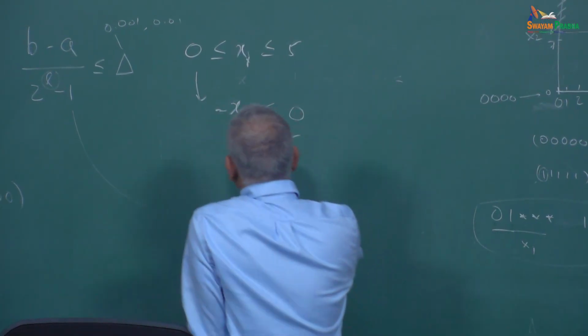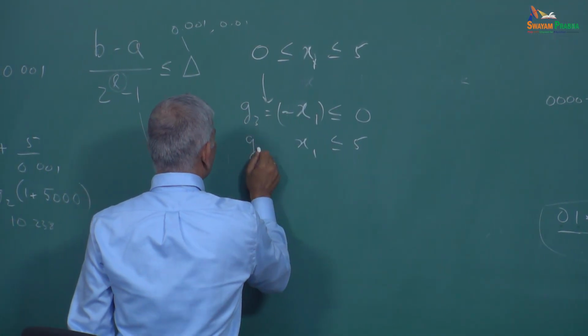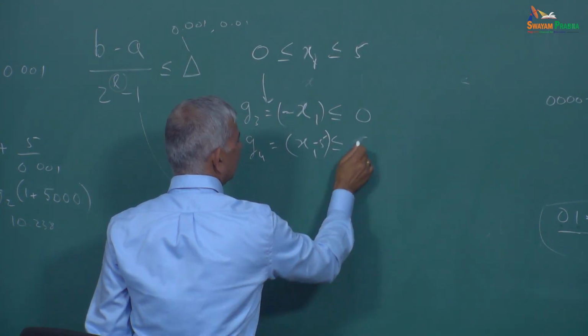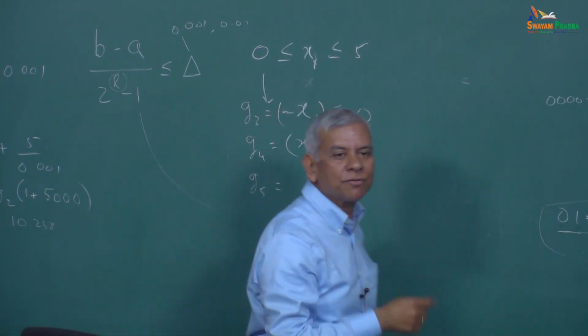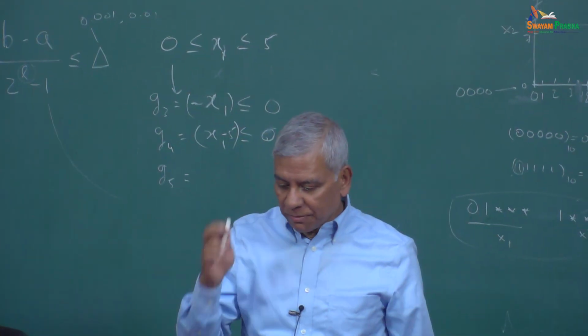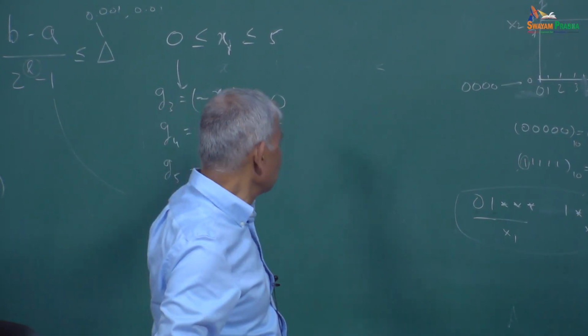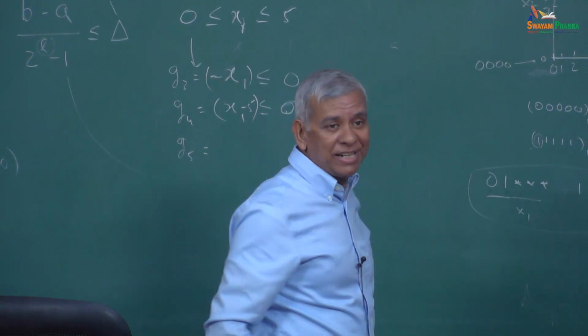You can call this G3, only this part. You can call it G4, minus 5, and then G5, the other constraint for x2. You can also convert the variable bounds for x2 into 2 constraints. This is not the exact constraints I have there, but you can do that. So there will be 6 constraints total.